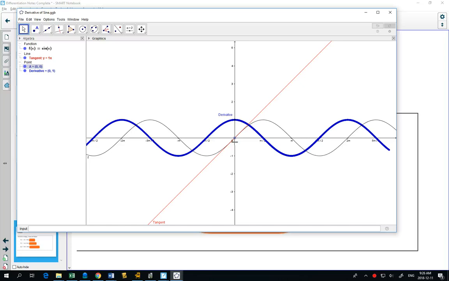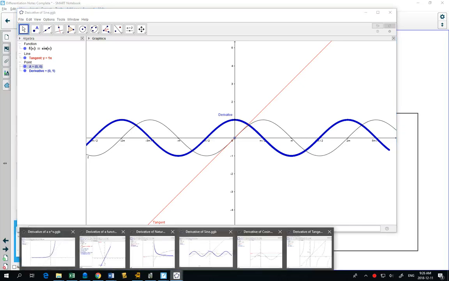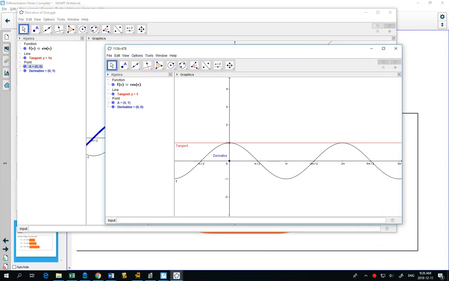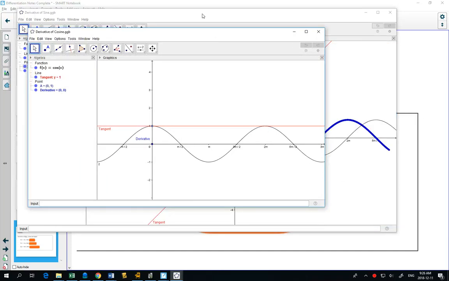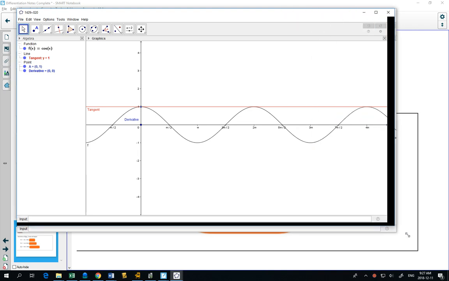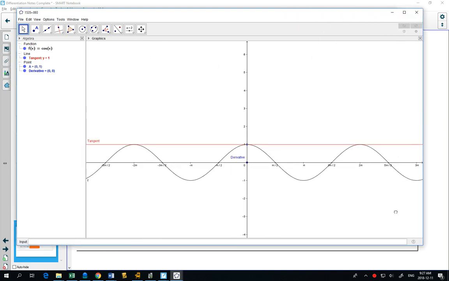Because when we get to our cos graph, which we're going to look at next, I'll make that bigger. Can you see that your cos graph is going to start at a derivative of 0?